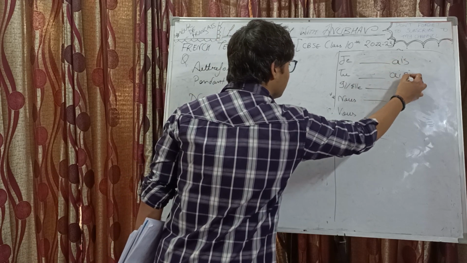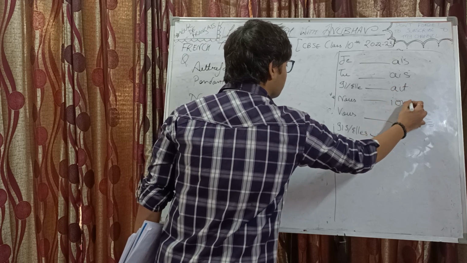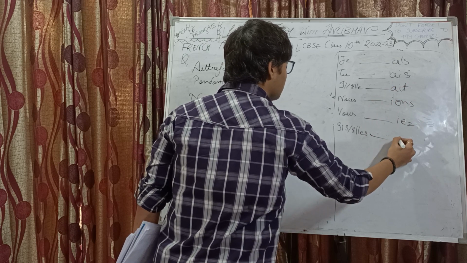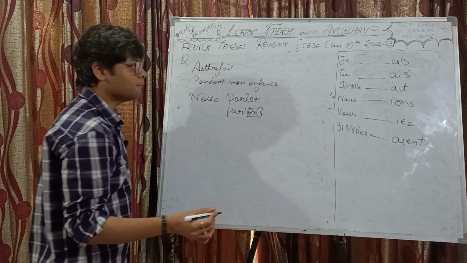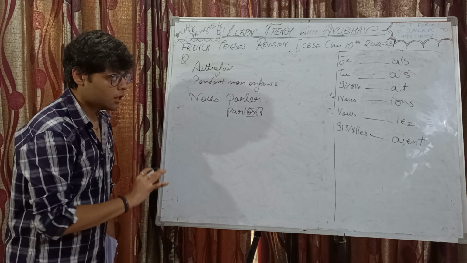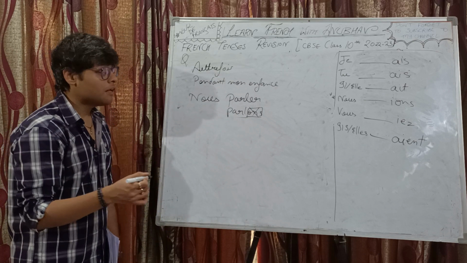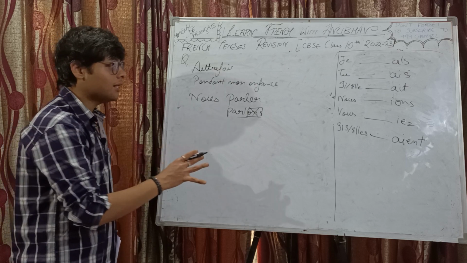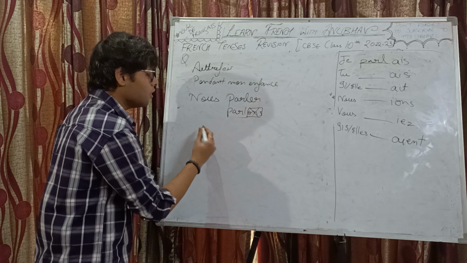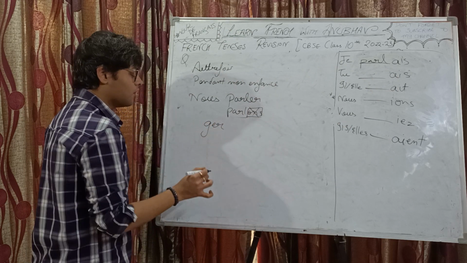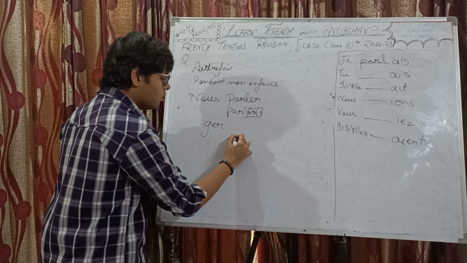AIS for je, AIS for tu, AIT for il/elle, IONS for nous, IEZ for vous, and AIENT for ils/elles plural. And the stem is what we obtained by removing ONS at the end, which is PARL. So, je parlais.